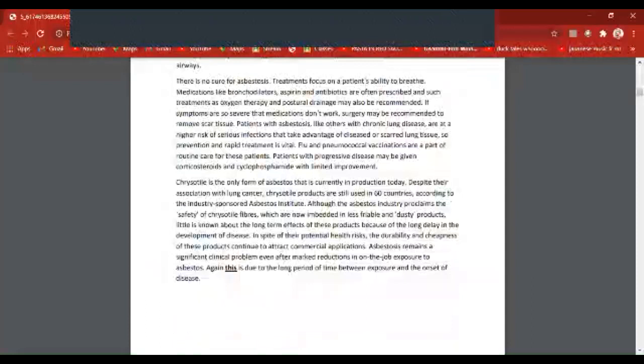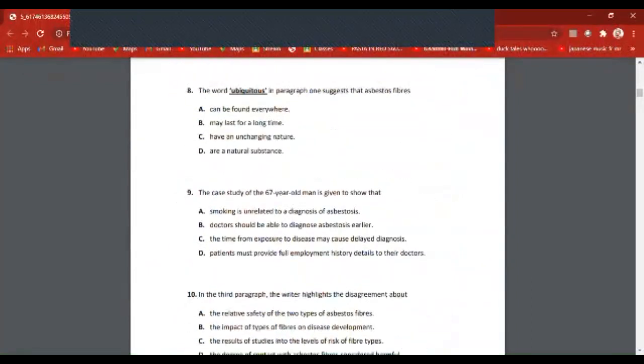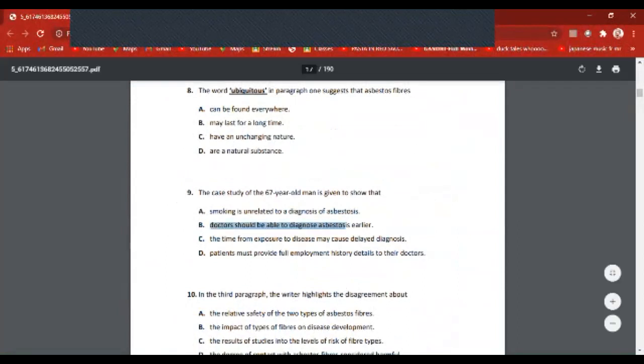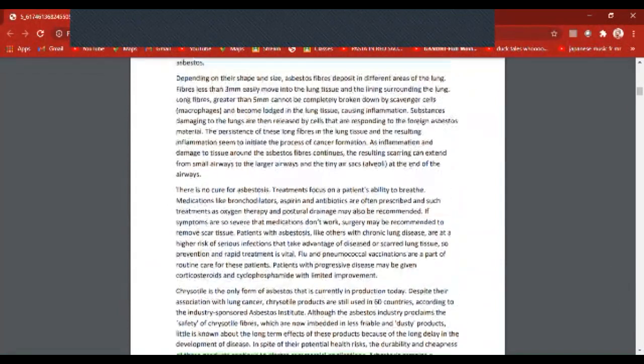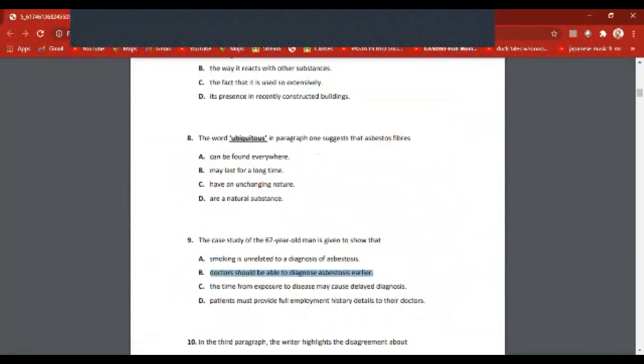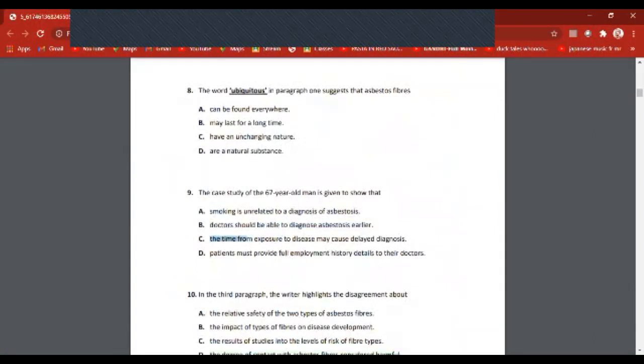Overall, why did they mention the case study? Did they mention it to say only one point about smoking? Is that everything? No, right? Is it about doctors being able to diagnose earlier? Or is it about the time from exposure to disease may cause delayed diagnosis?